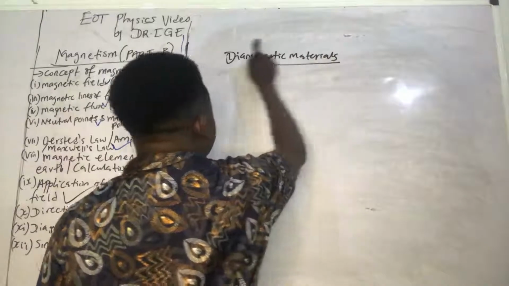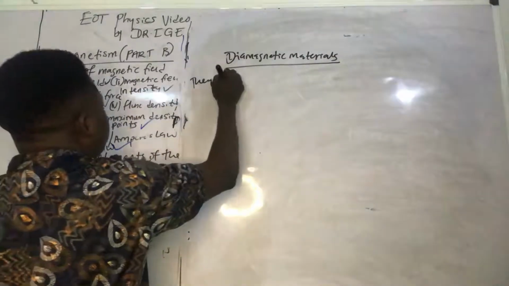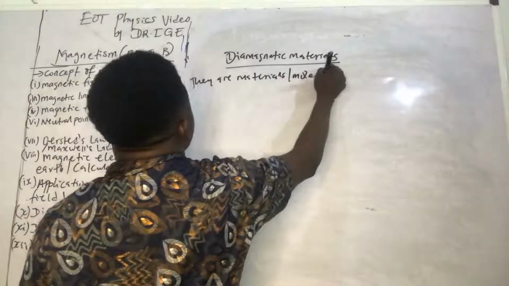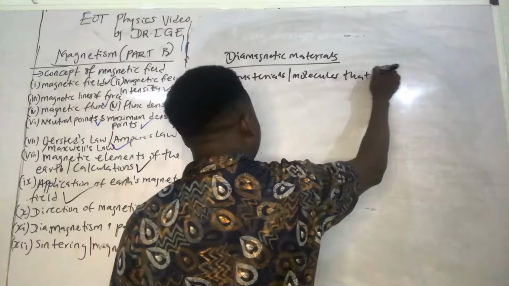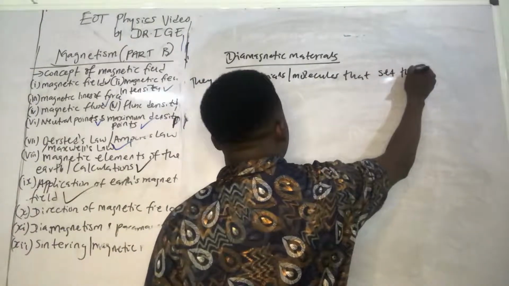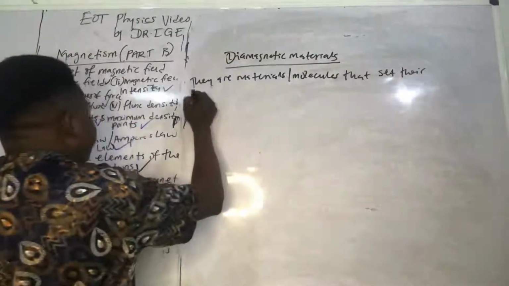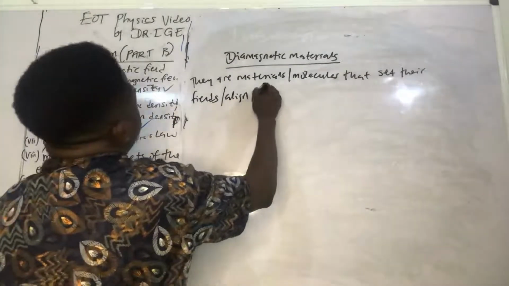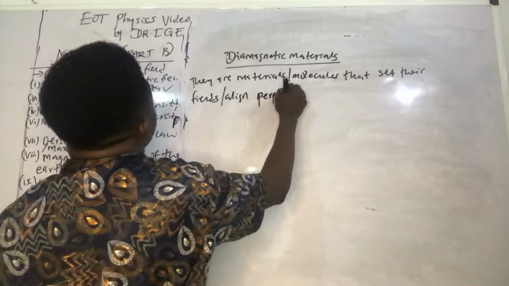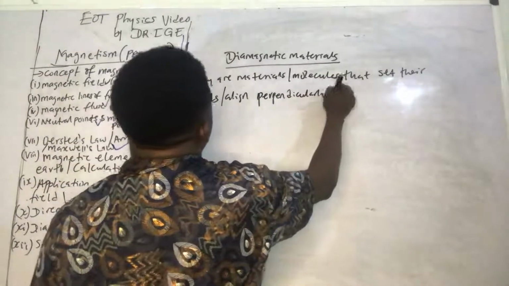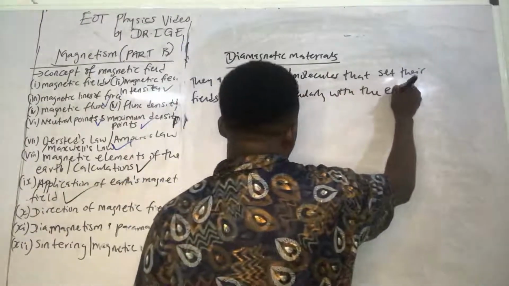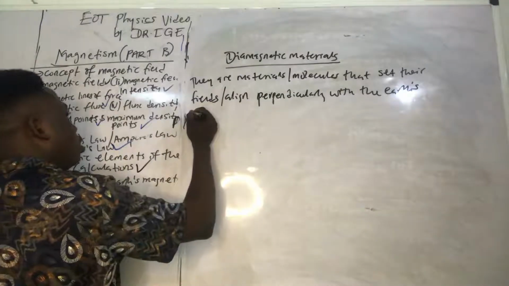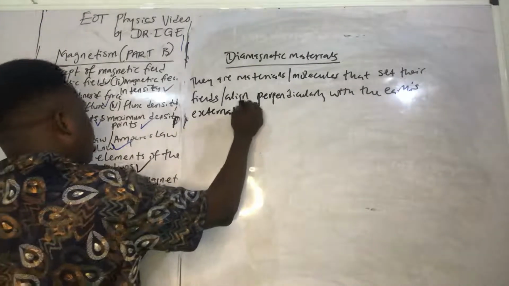So let me define. They are materials, or we can say molecules, that set their feet, or we can say align perpendicularly with the Earth's external magnetic field.